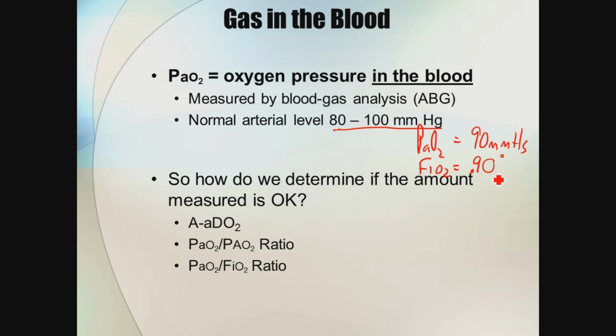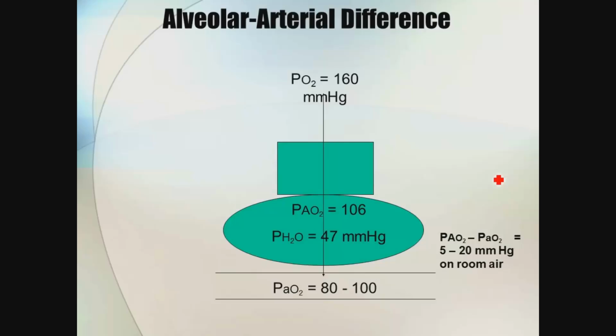Something called the AADO2, something called the PaO2 to PAO2 ratio, and something called the PaO2 to FiO2 ratio. Let's talk about them. First of all, P big AO2 is what? P small aO2 is what? So what is the difference from what is in the alveolus to what is in the bloodstream?